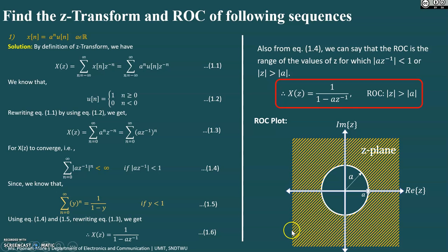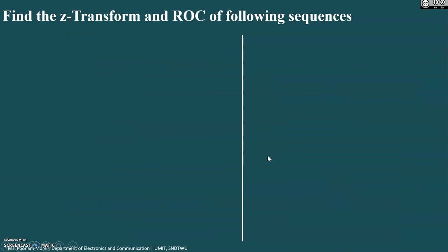This is how we can plot the ROC for a right-sided sequence. Here you can clearly see that a raised to n u of n is a right-sided sequence because it exists from 0 to infinity, towards the right side of the plane. So, let's move on to the next problem.